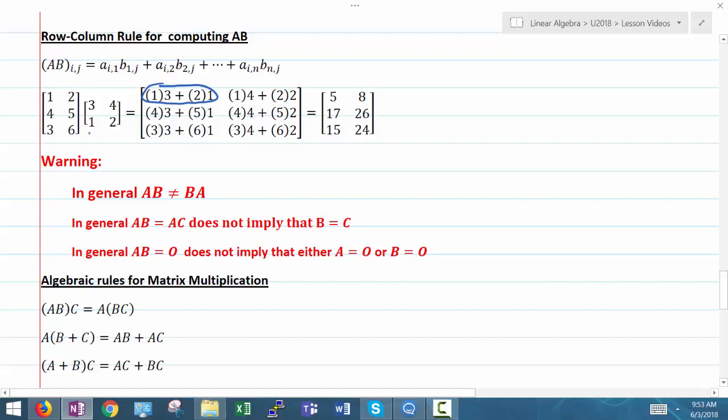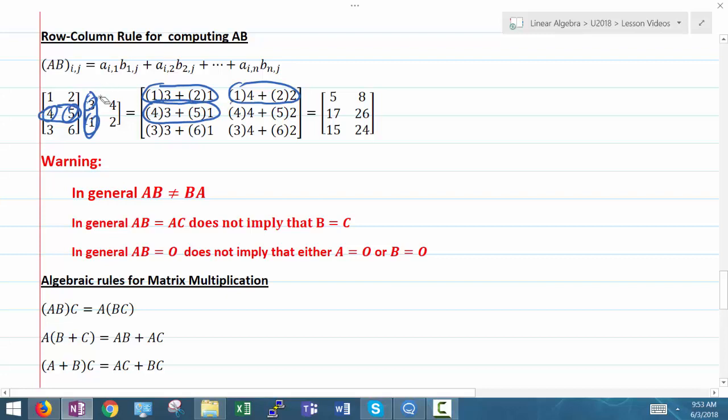Now I'm going to move over and do the first row of A times the second column of B. That'll be 1 times 4 plus 2 times 2. And here's that one. I'm out of columns of B, so it's time to start over. Second row of A, now with the first column of B. That's 4 times 3 plus 5 times 1.